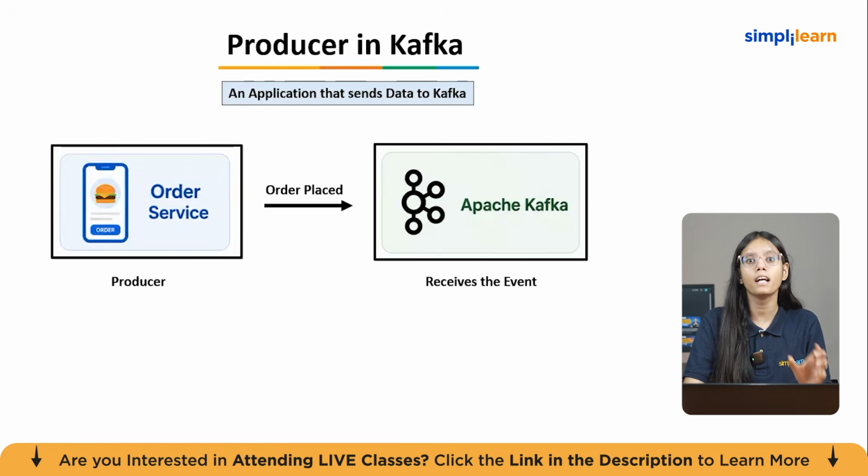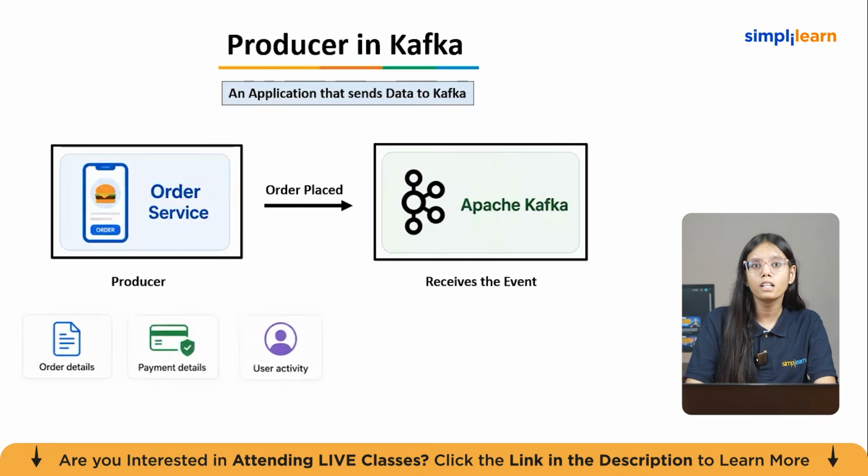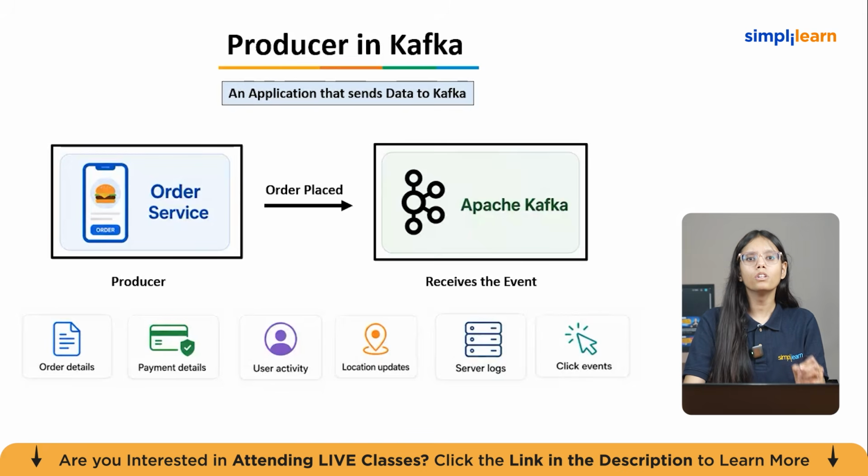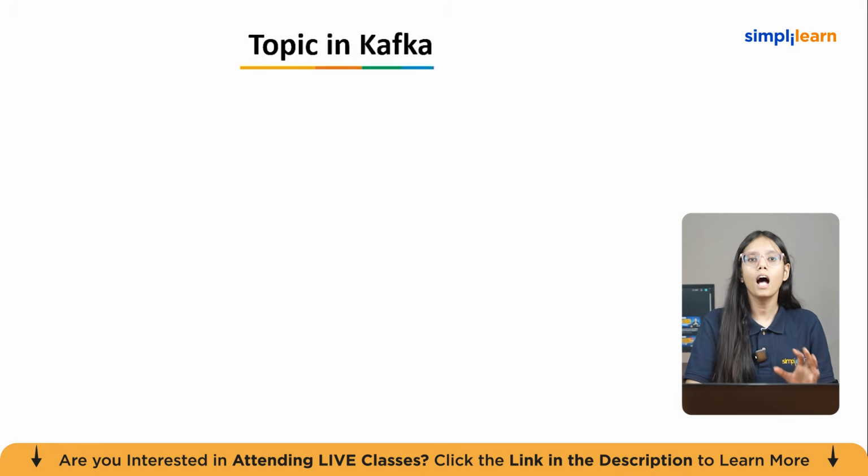A producer can send many types of data: order details, payment details, user activity, location updates, service logs, and click events. So the job of a producer is simple: create data and send it to Kafka. That's it.